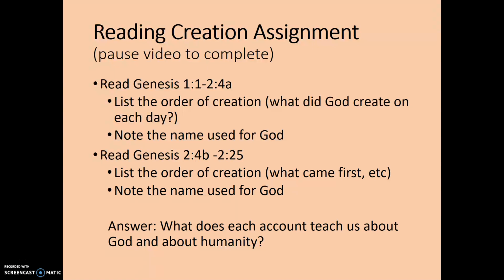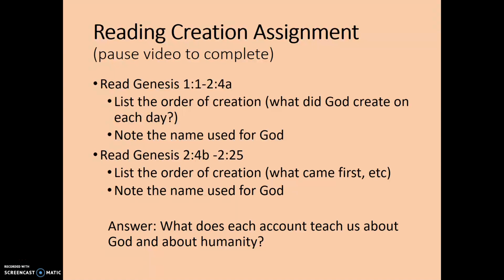I want you to read Genesis 1:1 through 2:4a, the first part of 4, and list the order of creation. Basically, what did God create on each day? So day 1, day 2, day 3. And then note in your Bible what is the name that is used for God in this story, Genesis 1:1 through 2:4.